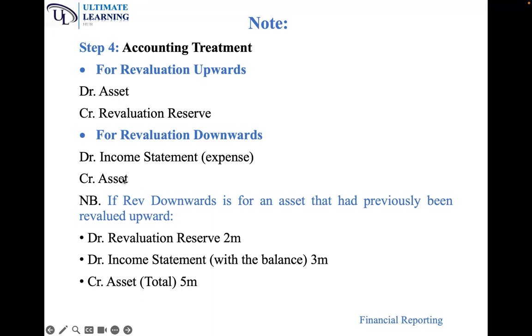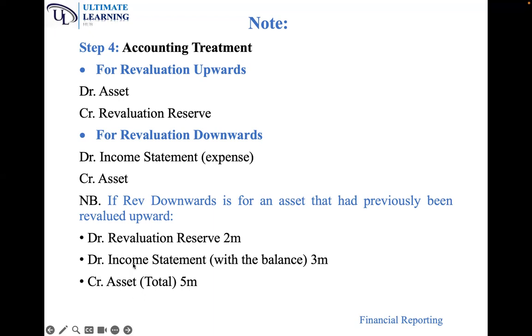Now, suppose in the first year, you had revaluation upwards, and in the second year, you have revaluation downwards. How do you account for such a transaction? You will have 2 debits and you'll have 1 credit. Because it's a revaluation downwards, the amount by which the value has come down, you credit the asset with the total amount of revaluation downwards.